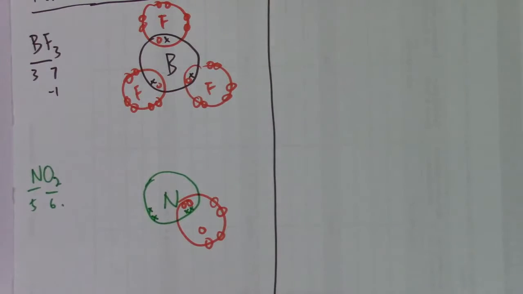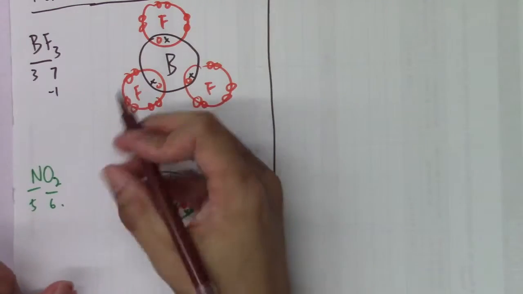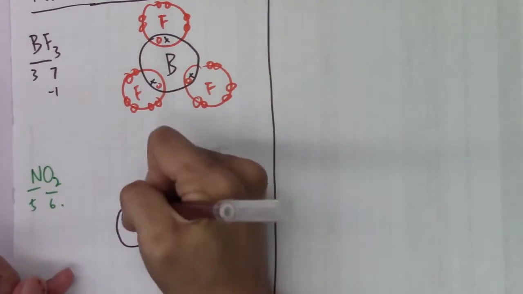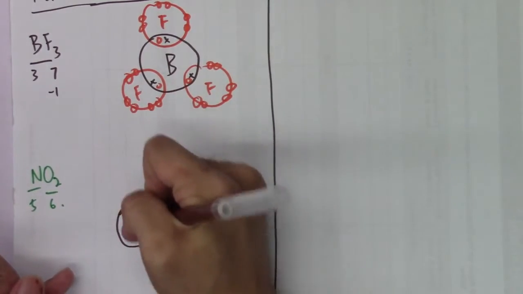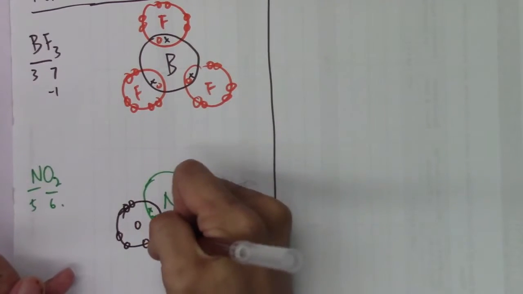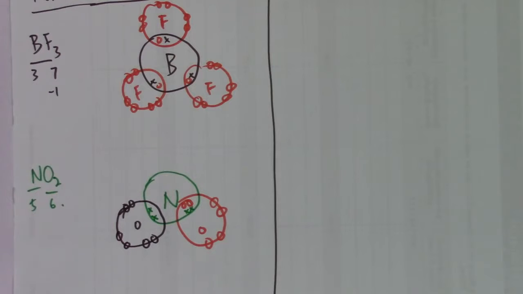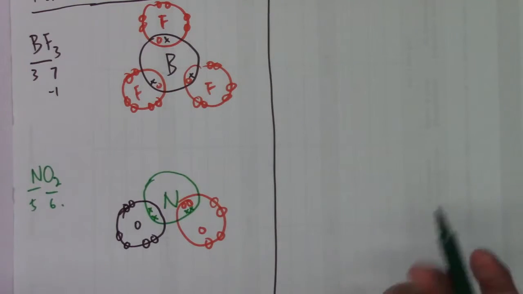1, 2. These 2 electrons will be donated as a pair to another oxygen atom. I should say, this nitrogen shares these electrons completely with this oxygen without any return.